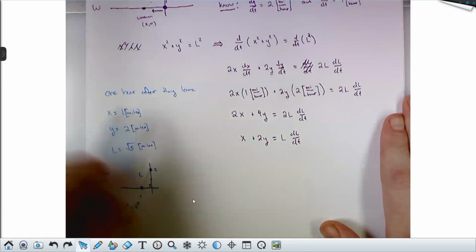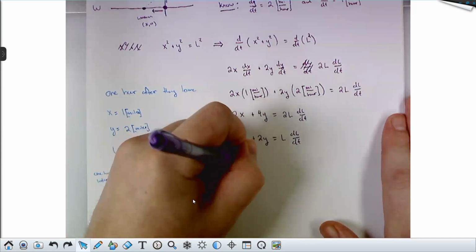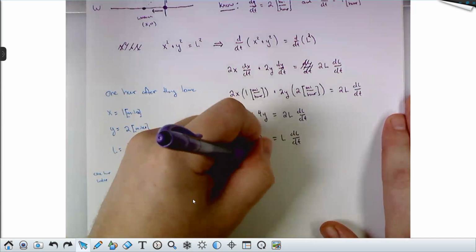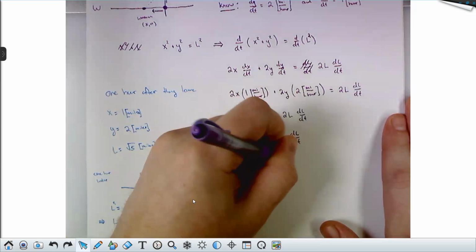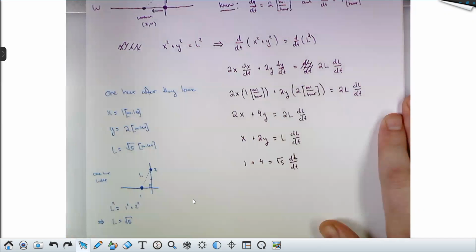So this stuff we can now plug in over here. x is 1, y is 2, so 2y is 4. L is the square root of 5, and dL/dt is dL/dt.